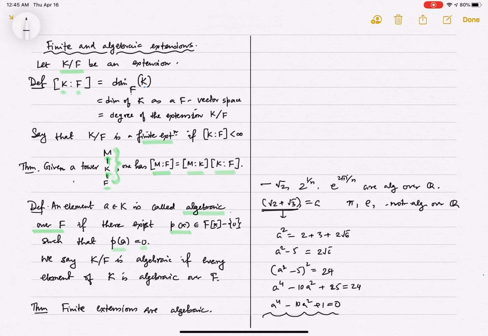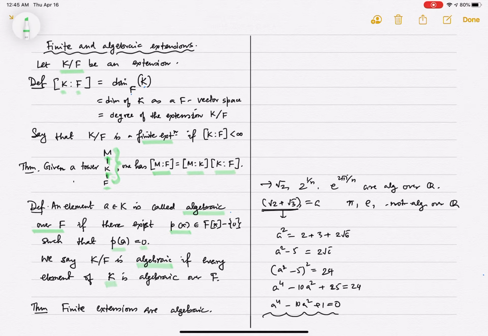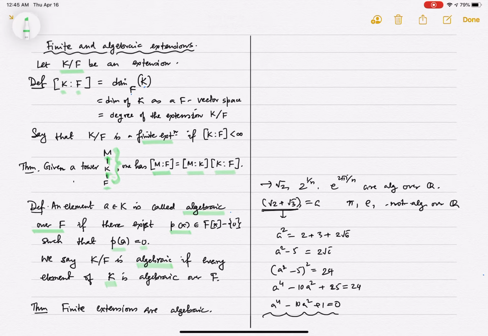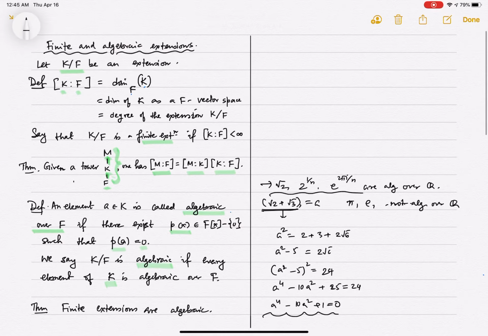We are studying this sort of numbers, but in abstraction. We say an extension is algebraic if every element of the big field is algebraic over the smaller field. Algebraic extensions can be very big. In fact, all complex numbers that satisfy some polynomial equation over Q are called algebraic numbers.